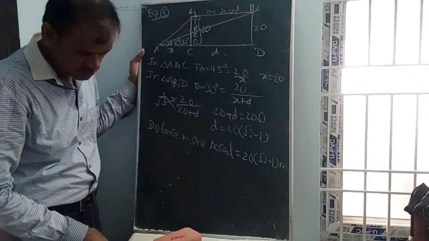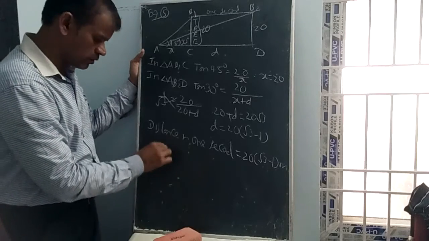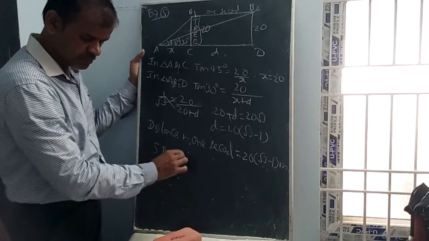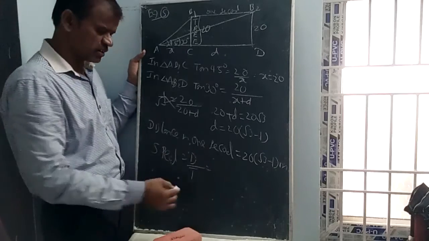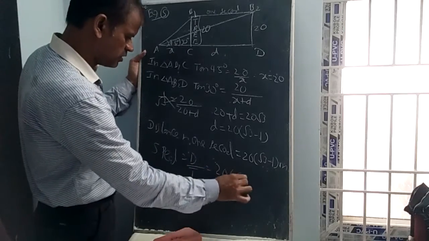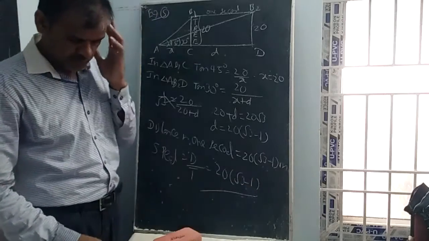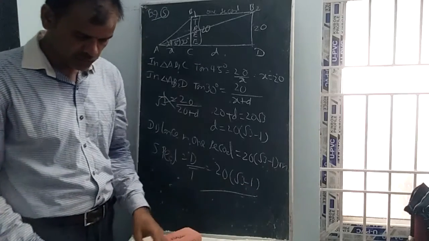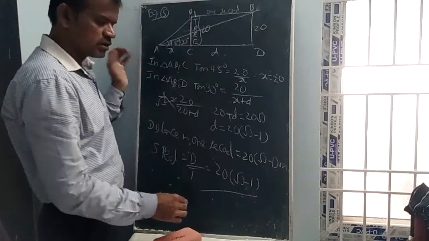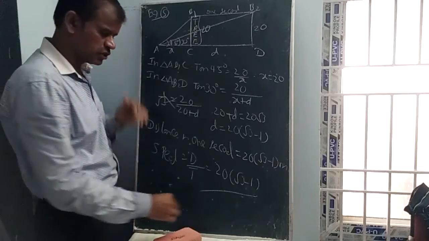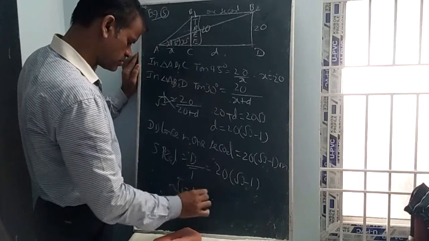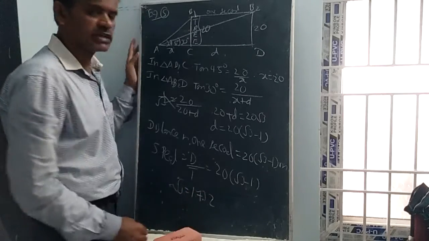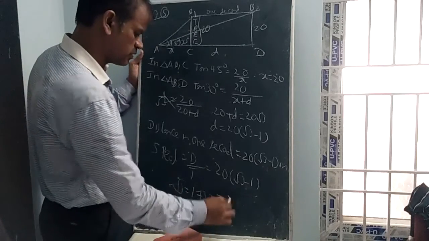What is he asking? Speed. Speed equals distance by time. Of course, for 1 second you can directly write 20 into root 3 minus 1. That's all. Converting it, taking root 3 as 1.732, so 1.732 minus 1 is 0.732.